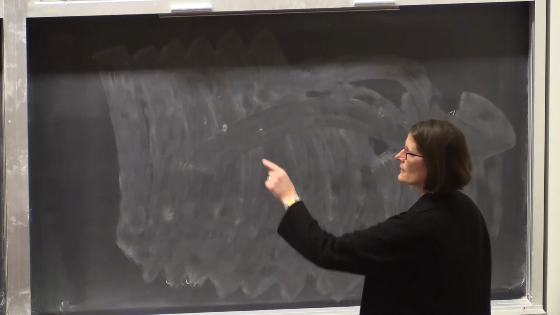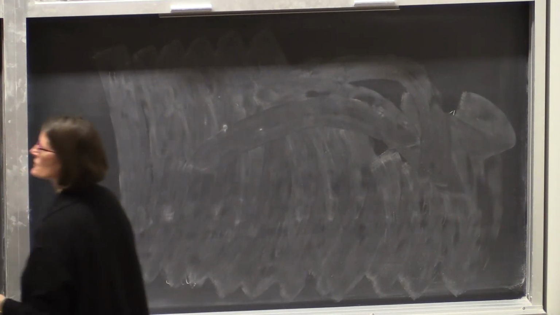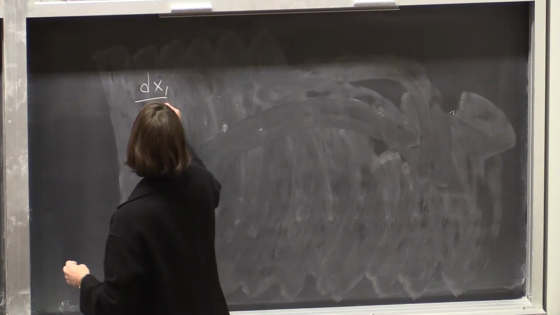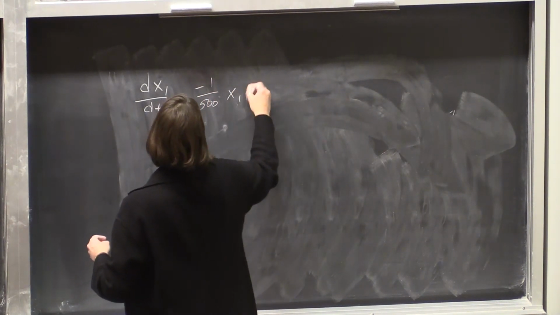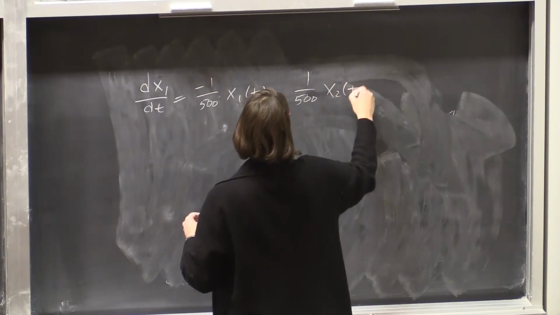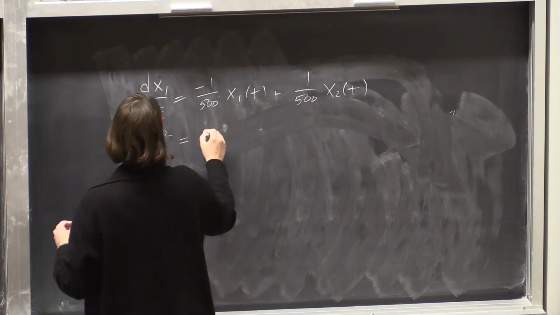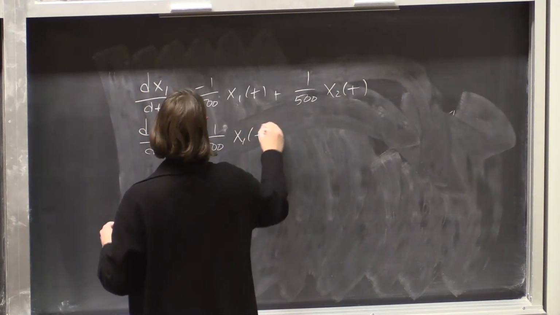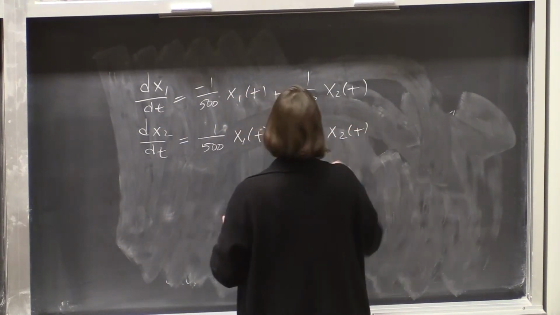It's linear because you don't have cosine of x1 of t or square root of x2 of t or anything. dx1/dt is minus 1/500 x1 of t plus 1/500 x2 of t. dx2/dt is 1/500 x1 of t minus 1/500 x2 of t.